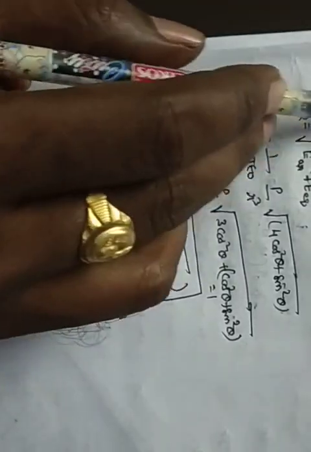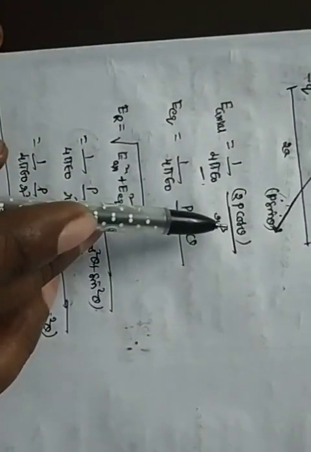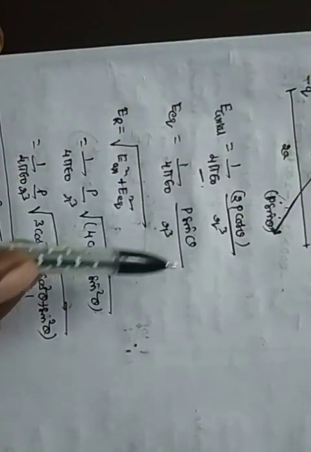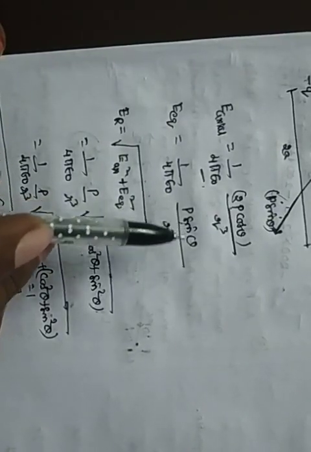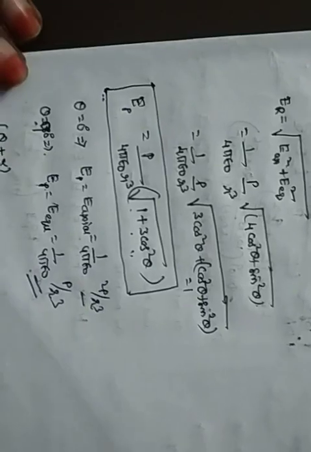What is the ratio of the electric field intensity due to the equatorial and axial line? Tan alpha means E equatorial by E axial.